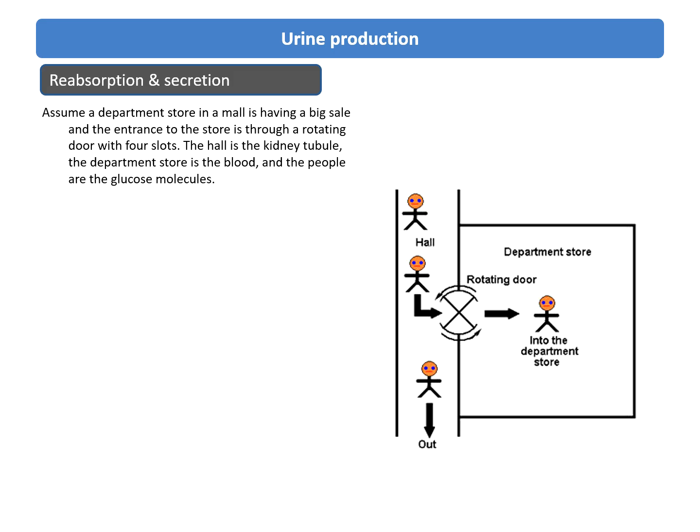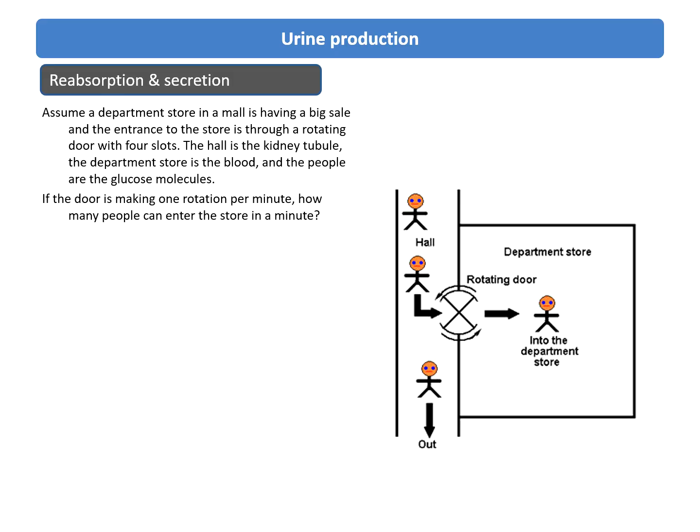Let's assume a department store in a mall is having a big sale, and the entrance to the store is through one of those rotating doors with 4 slots. The hall represents the kidney tubule, the department door represents the blood, and the people are the glucose molecules. Let's assume the door makes 1 rotation per minute.